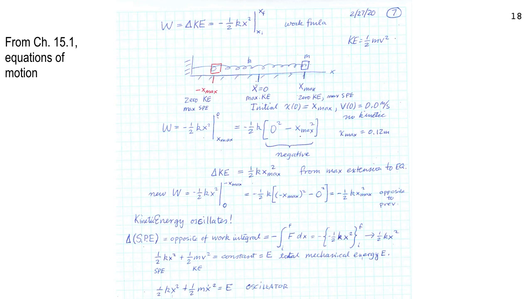We're subtracting it from 0, so this stuff in here is negative. But we also have this minus sign out here. So this is going to be equal to positive 1/2 k times x max quantity squared.